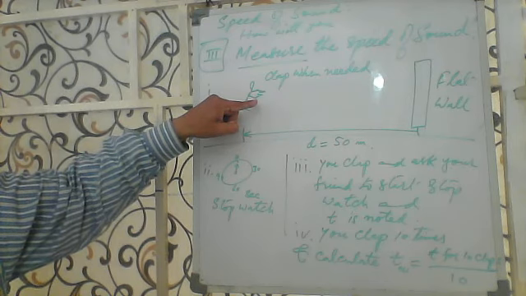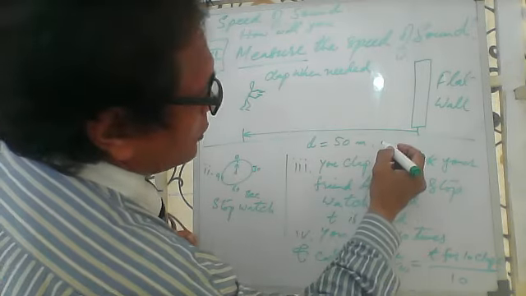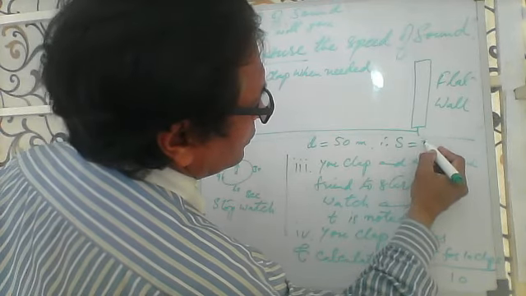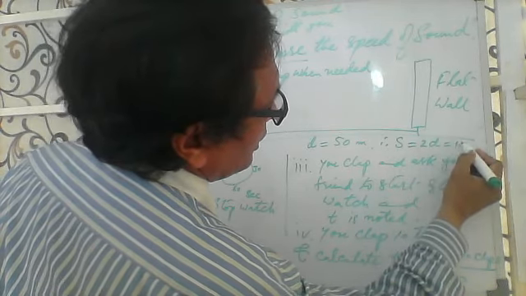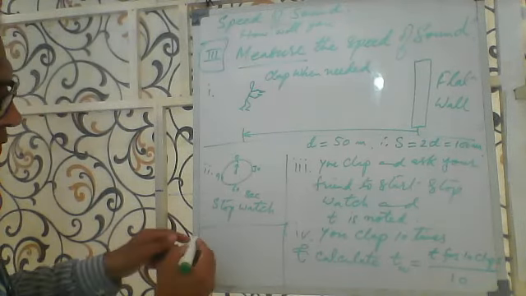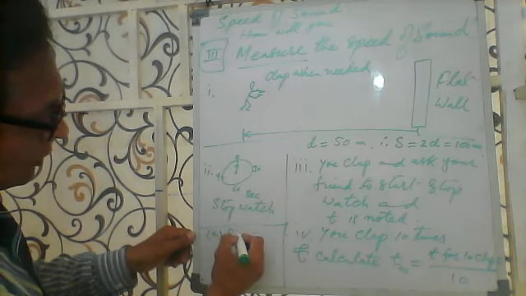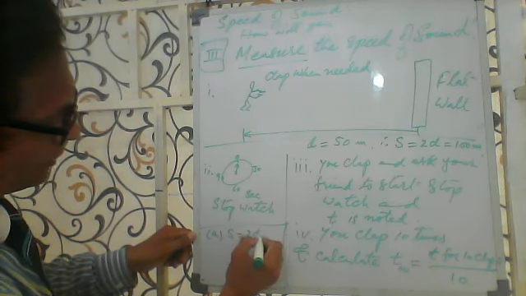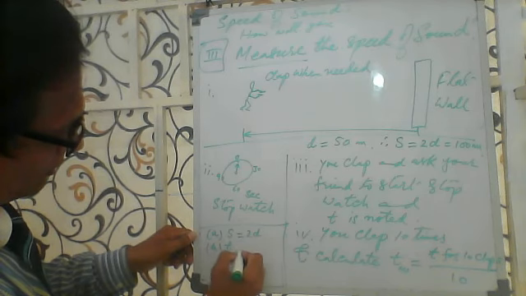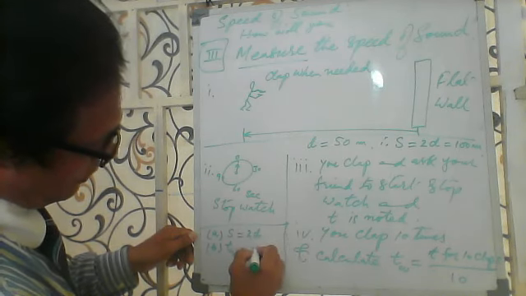What the sound is doing is, it is covering double the distance d. So you can say therefore total distance covered is equal to 2d, or you may say 100 meter. Now in data you have two things. Number A, total distance covered is 2d, and number B, average time, say some anything x.